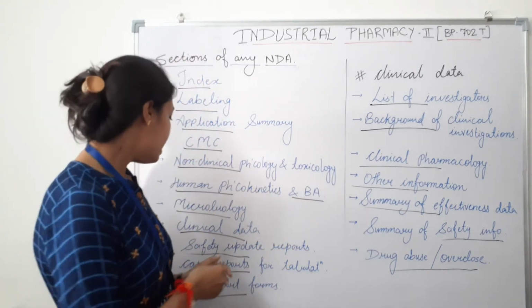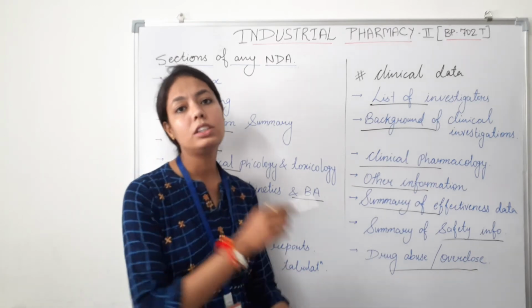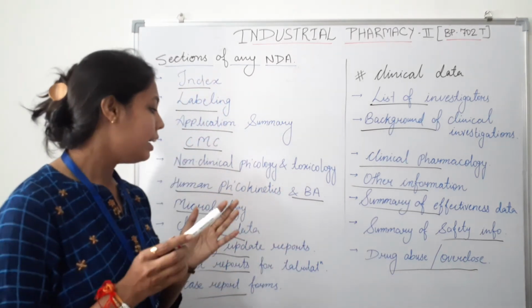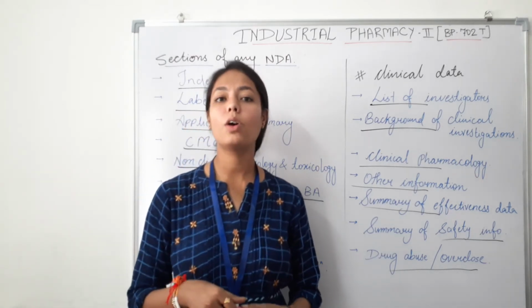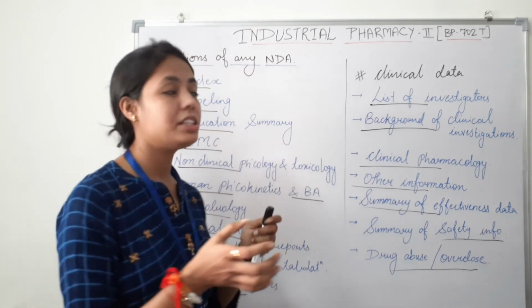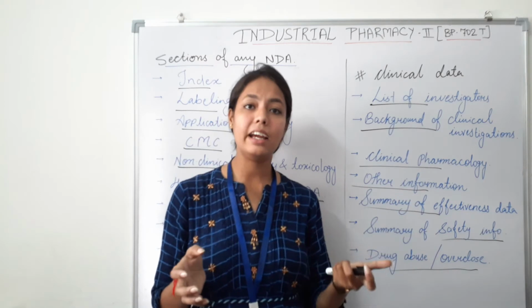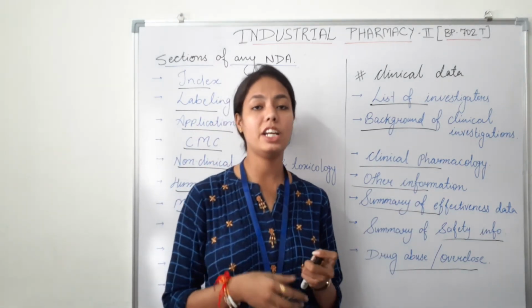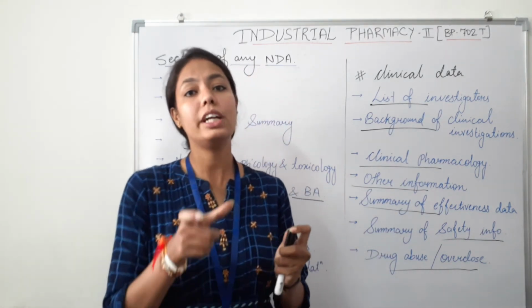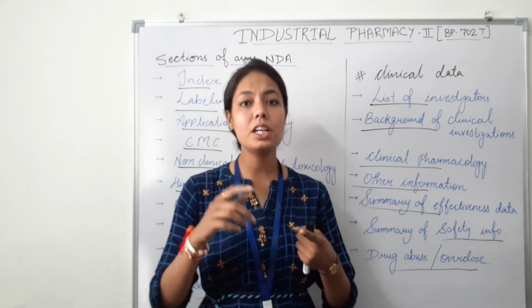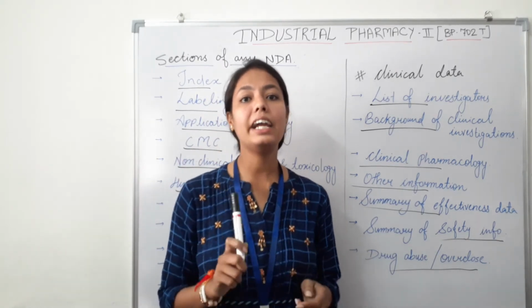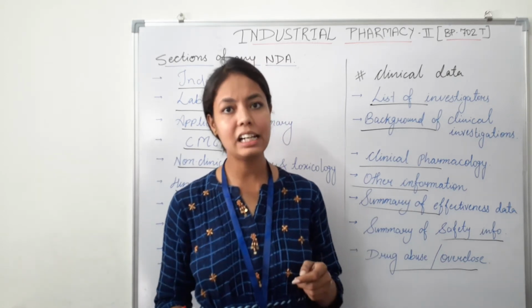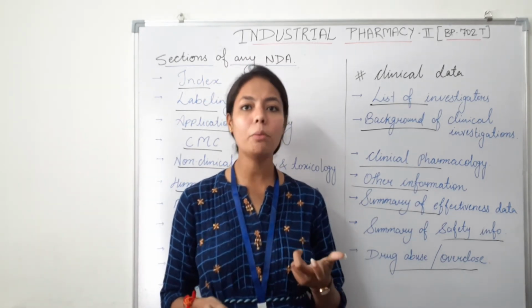After safety update reports, the statistical data of overall clinical trials, or overall data accumulated during the animal studies or clinical study, should be included in this section. It includes the description and documentation of the statistical analysis carried out to evaluate the controlled clinical trials and other safety information.